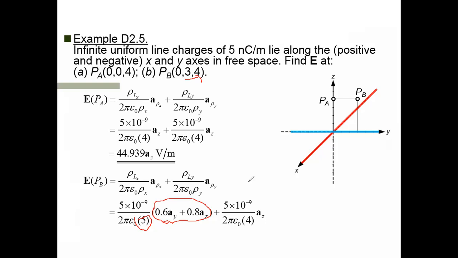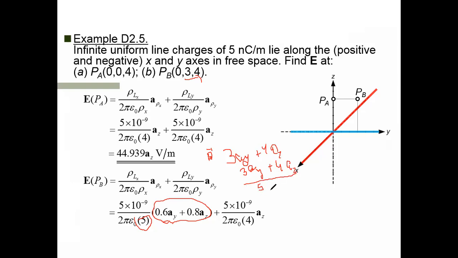See, it's very simple. You are not getting the point. This vector I will write as 3 a y plus 4 a z. Suppose this is my vector B. I have to write the unit vector. The unit vector will be 3 a y plus 4 a z divided by the magnitude of this vector. What is the magnitude? 5.